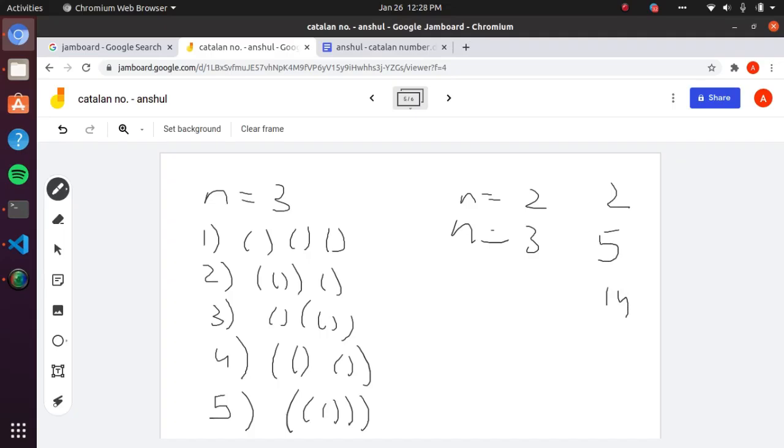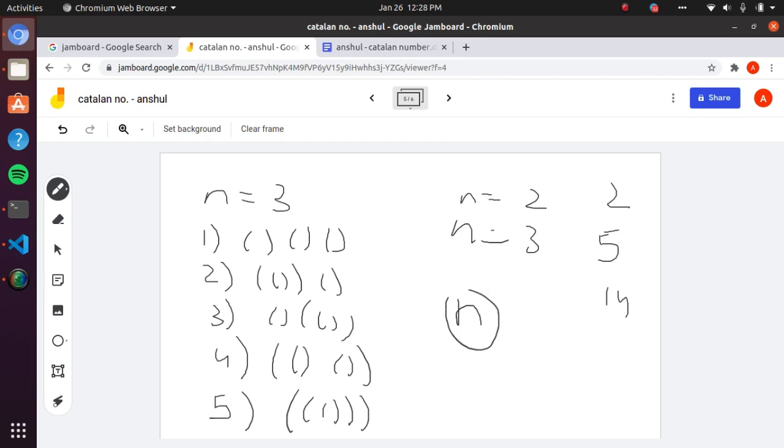You have to check whether a question follows the Catalan numbers. It is not a rule that when n equal to 2 gives 2 and n equal to 3 gives 5, the sequence will follow the Catalan numbers. It will not imply that, but in this problem, finding the nth pair count is similar to finding the nth Catalan number.